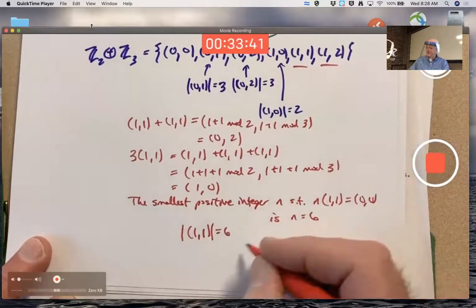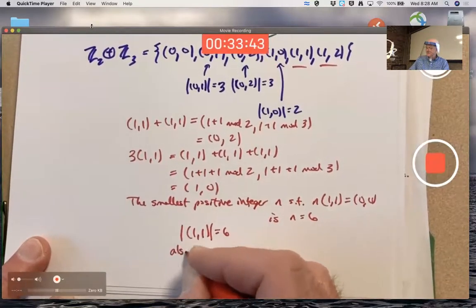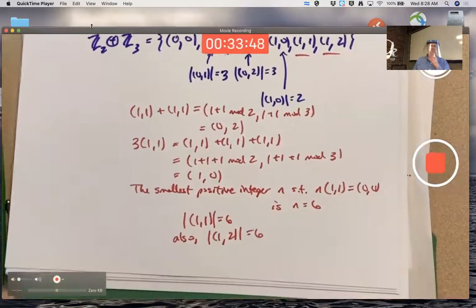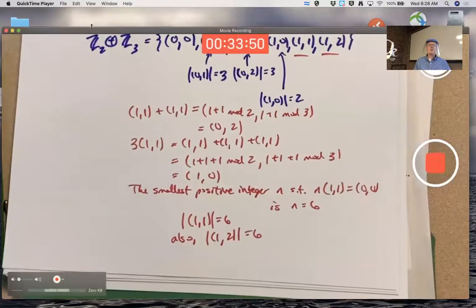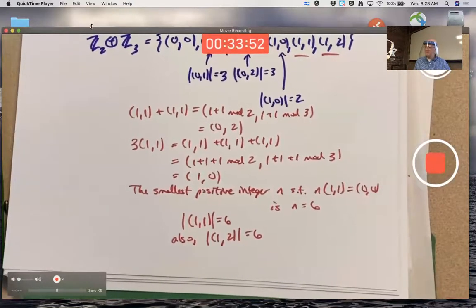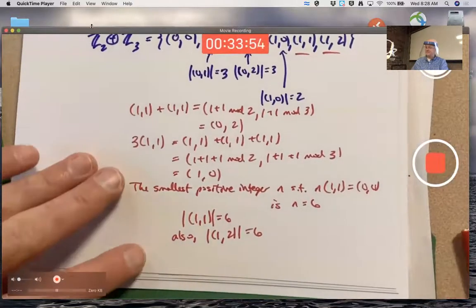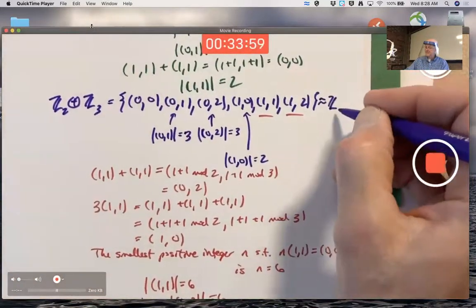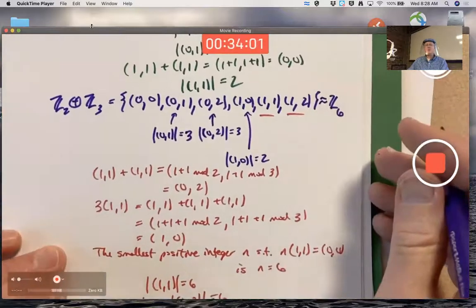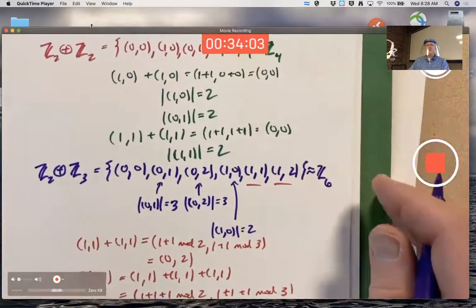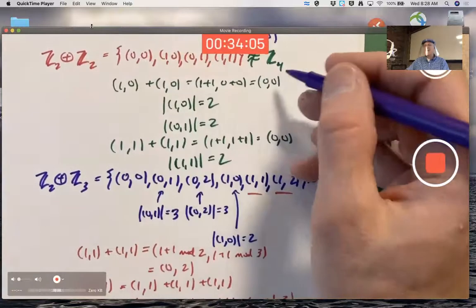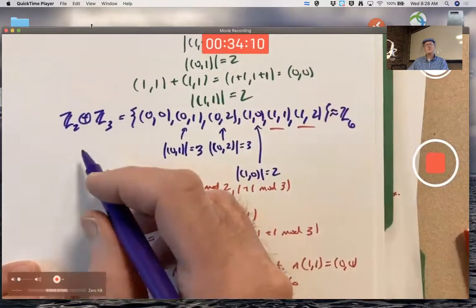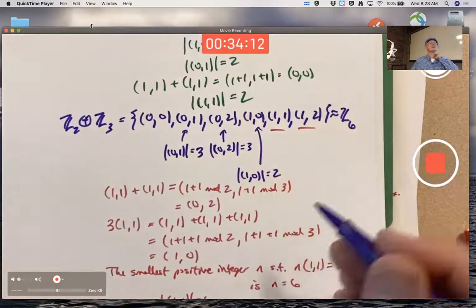Likewise, the order of 1, 2 is also 6. Those are generators of this group. This group is cyclic. So while Z2 external direct product with itself is not cyclic, it's not isomorphic to Z4, the external direct product of Z2 and Z3 is cyclic. Interesting.